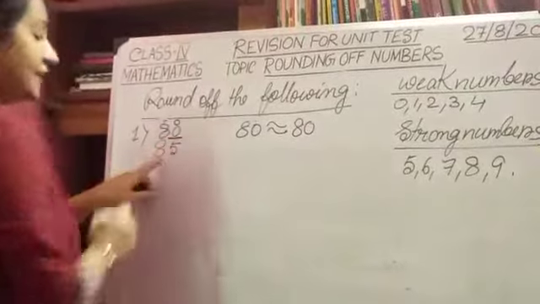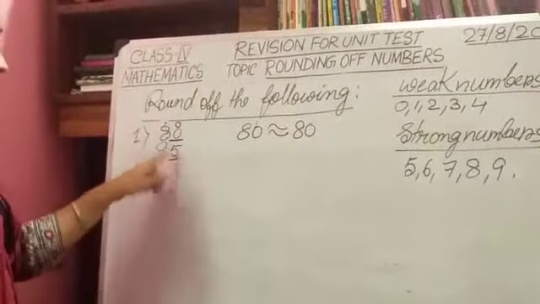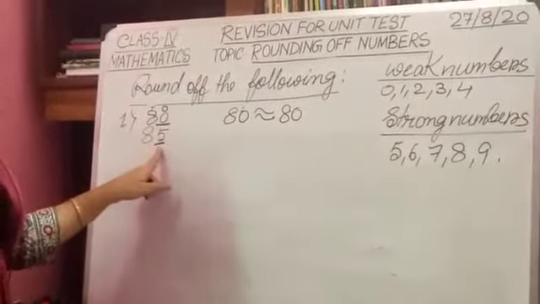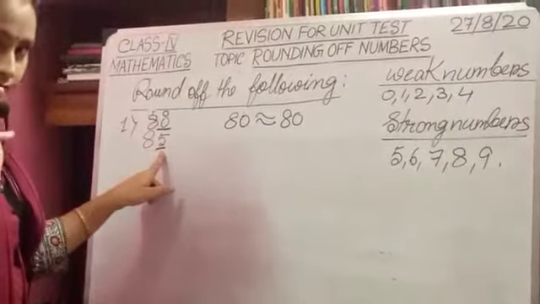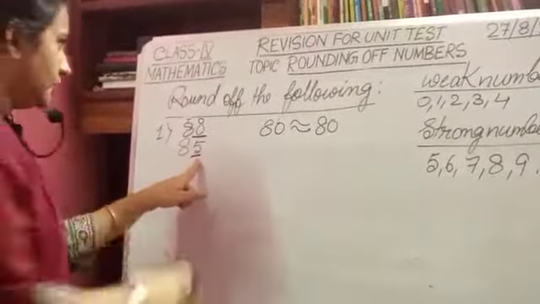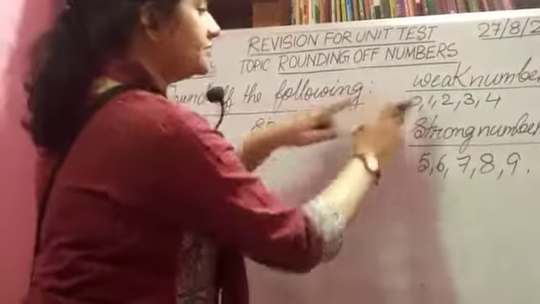Now, the next number, 85. You have to consider the number under the ones column because you are rounding off the numbers to their tens. It is 5, right?